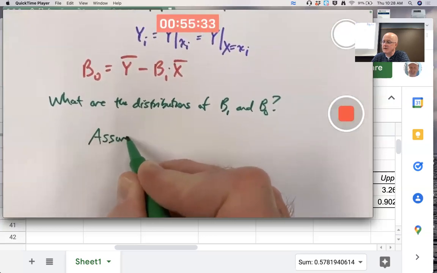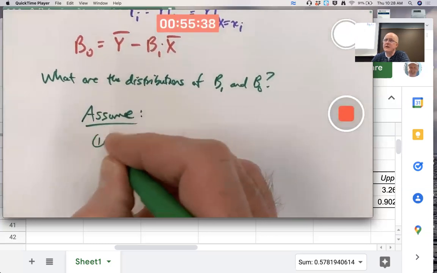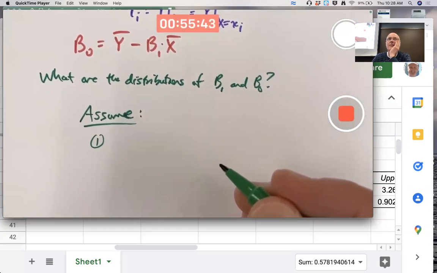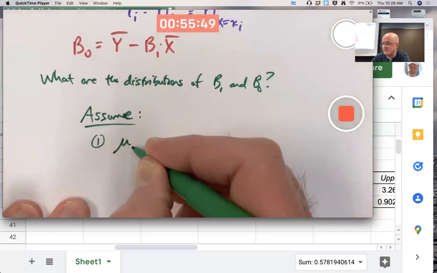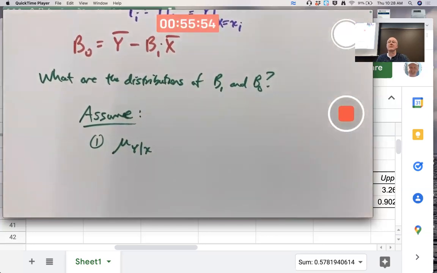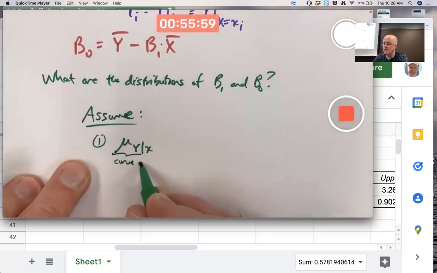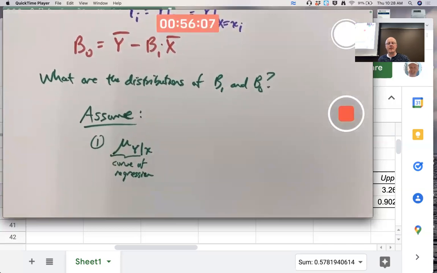We make some assumptions. First thing we assume is the population regression line. Well, here's a better way to say it: we assume the curve of regression, mu sub y given x, from chapter 5. We did do a curve of regression example in this class, 3 weeks ago or something.